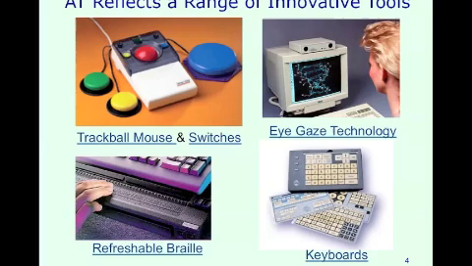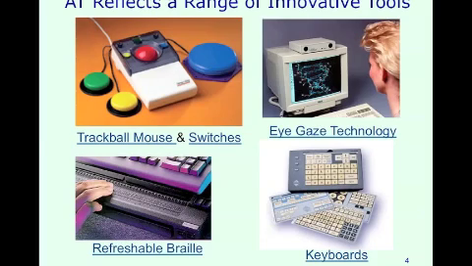Some of the assistive technologies look quite different. There's really quite a range of devices. On this slide, we're looking at a range of input and output devices. You have, instead of a mouse, you could have a trackball and a switch system.